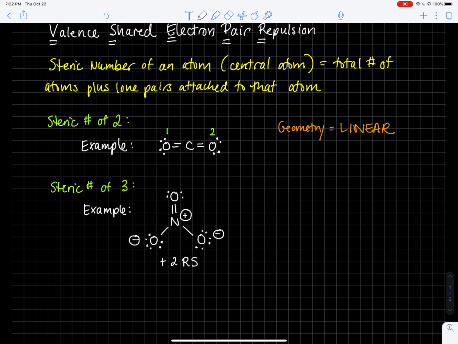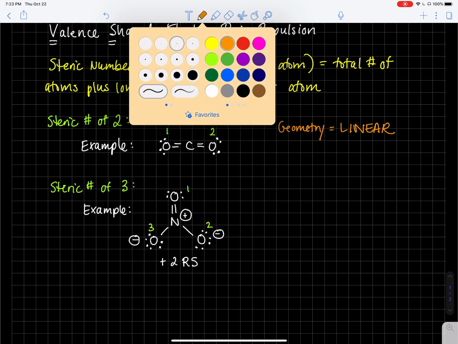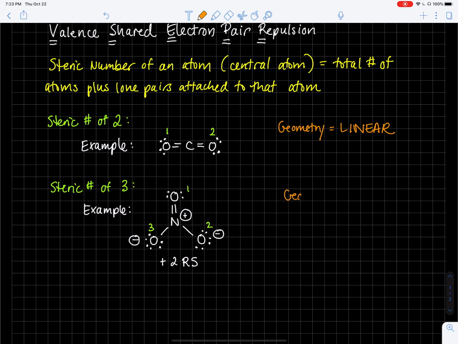But here, nitrogen has a steric number of 1, 2, it has 3 atoms attached to it, no lone pairs, so it has a steric number of 3. And the geometry of this steric number 3 is trigonal planar.